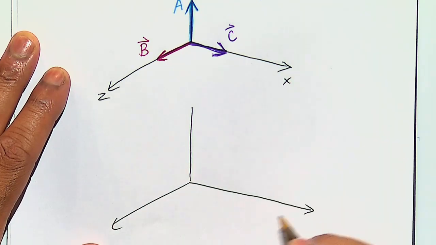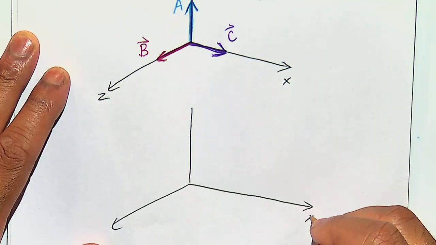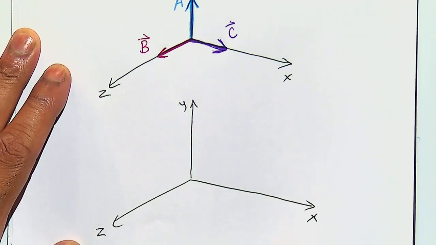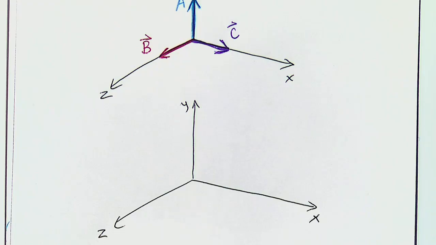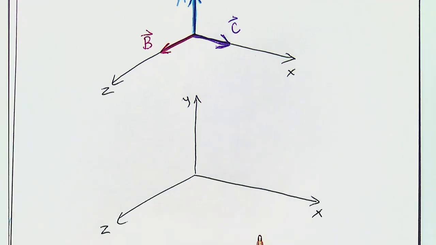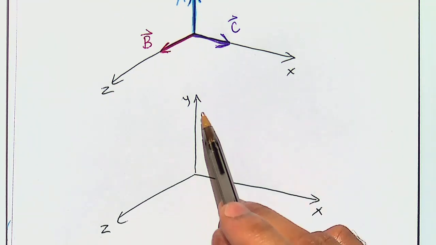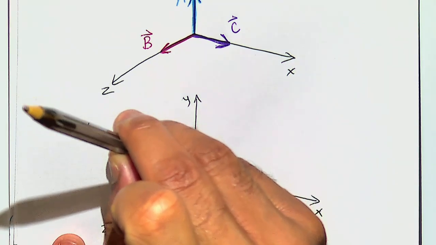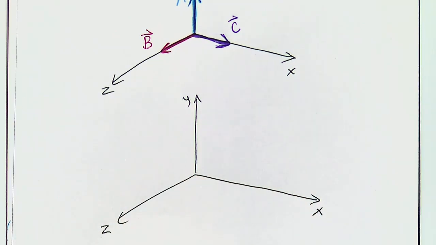So we're just going to keep x pointing where x is pointing, and this is y, and this is z. Now, you can make up vectors. So first person shout out, where do you want A to point? Let's point A in one of these three directions. Yes, we can point A in some random direction like this, but that just makes it harder to see what's going on.